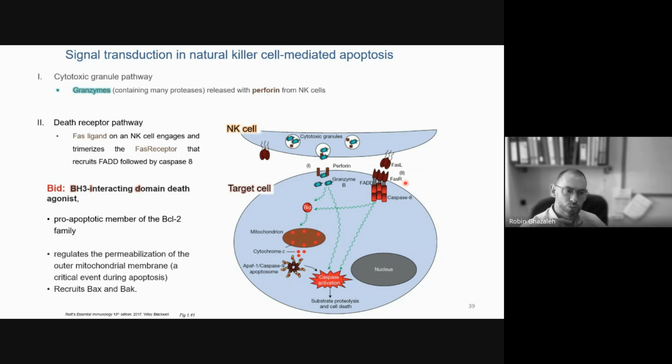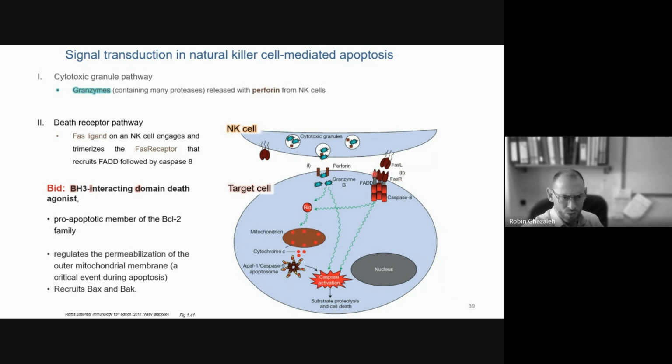Apoptosis is essential in wound repair, wound healing. Many repair processes within the body require building and destruction, and apoptosis is one mechanism which is very important in these processes. And as we're seeing now, apoptosis is also essential in immunology.